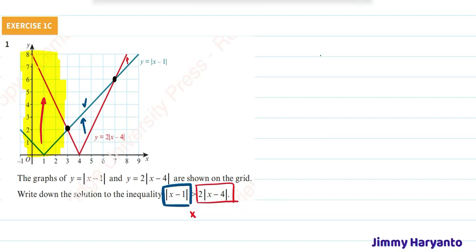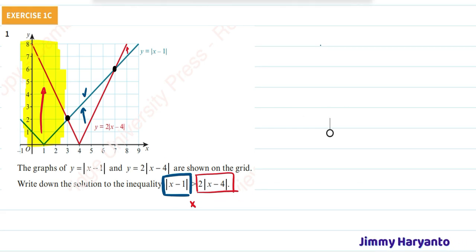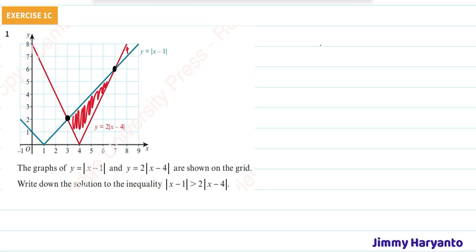That means the inequality is not satisfied. That means the only satisfied region is this one, and it happens when x varies from 3 until 7. That means the solution for the inequality will be 3 less than x less than 7. Because the question didn't use the equal sign, your answer will also have no equal sign, like this, from 3 until 7.